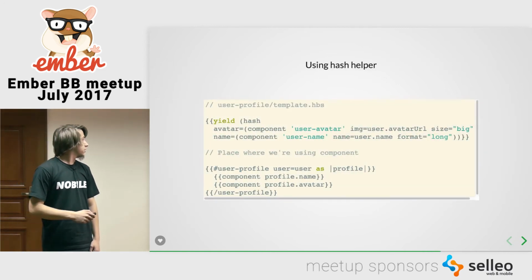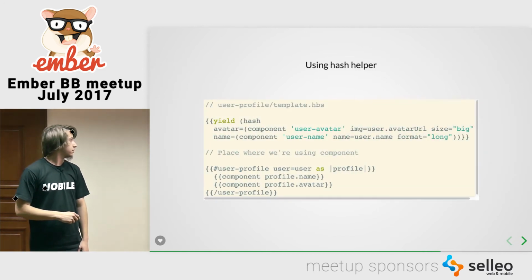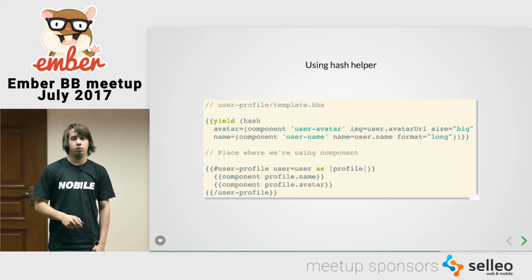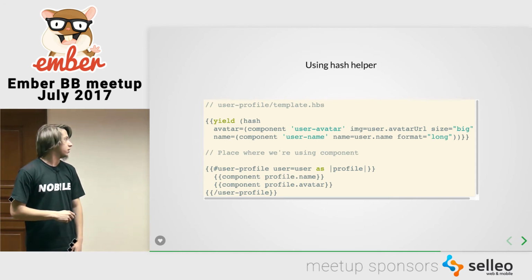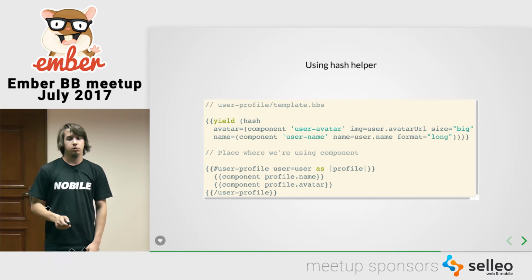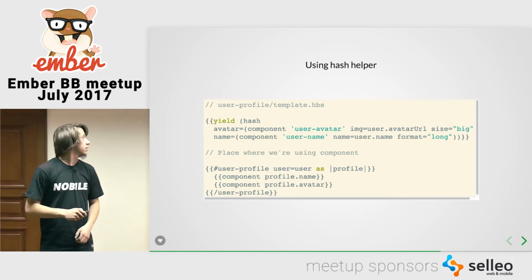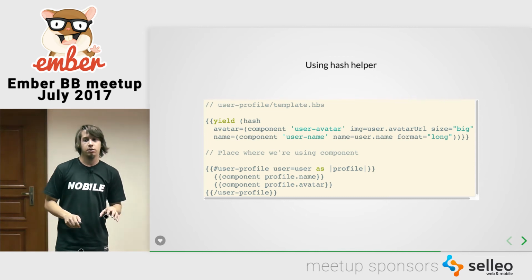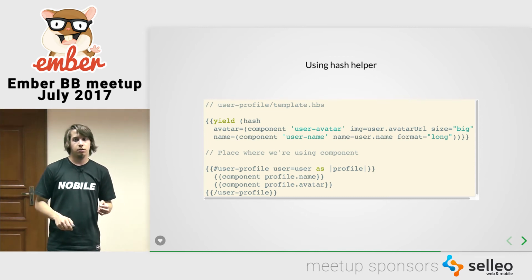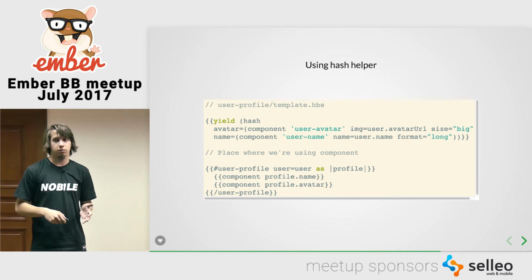Okay, but like I told before, this place was painful because if we render more than two components, it will be 1, 2, 3, 4, 5 arguments. But we can avoid this using the hash syntax. So we just yield something like an object with the components placed under the keys.